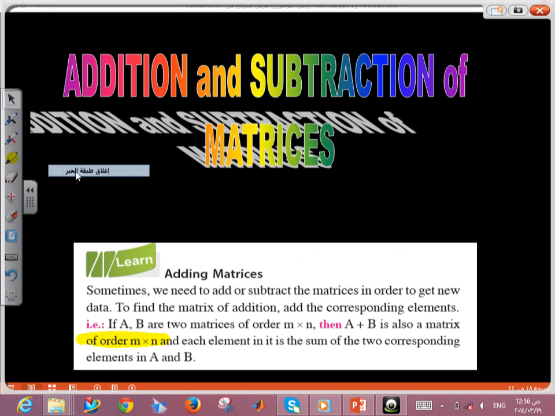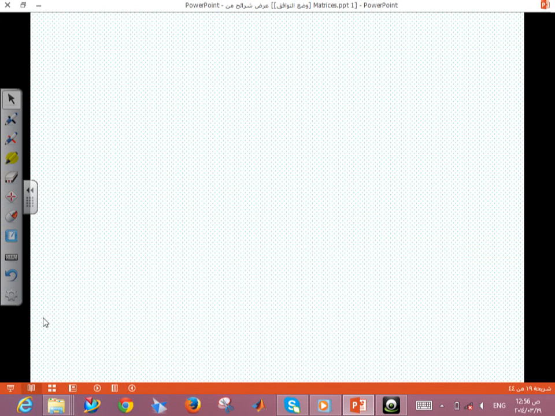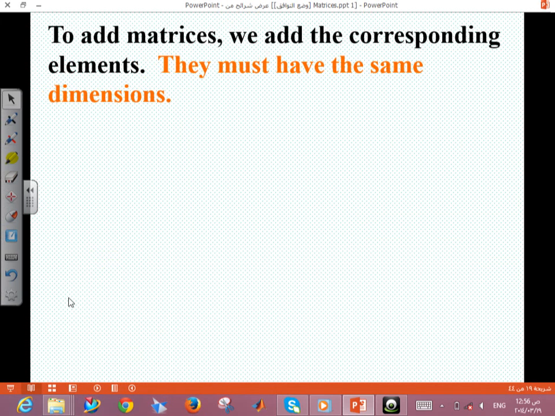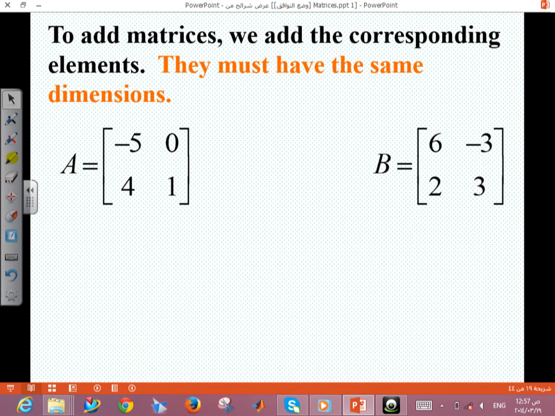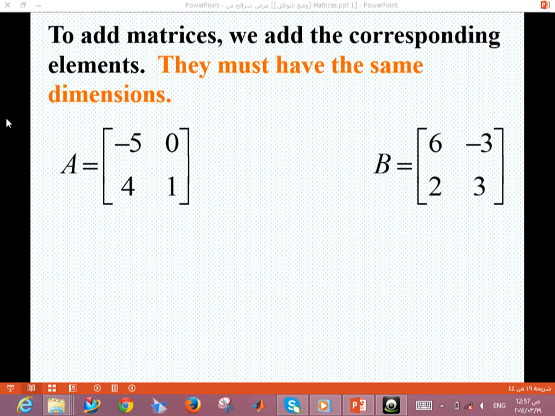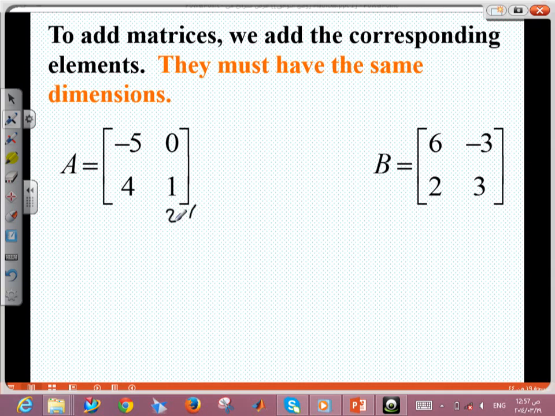Let's see. To add matrices, we add the corresponding elements. They must have the same dimension. If matrix A is of order 2 times 2 and matrix B is of order 2 times 2, okay?